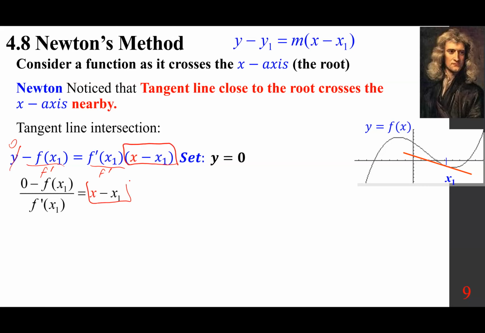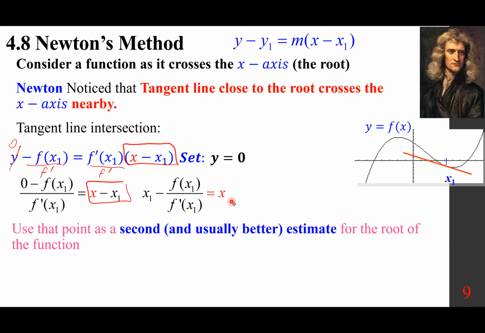This is the same as this one. If you move the x sub 1 here, that gives you the x that you're looking for, which is the x-intercept. Use that point as a second and usually better estimate for the root of the function.